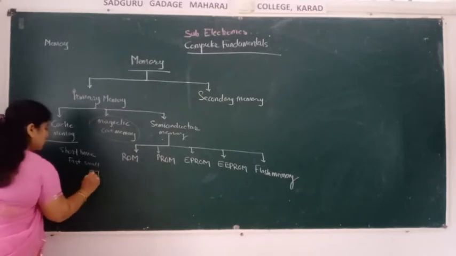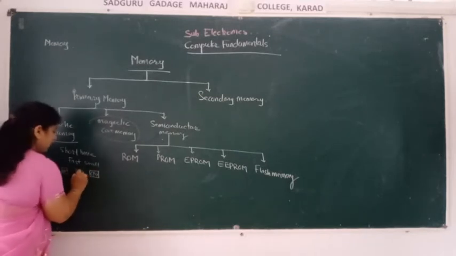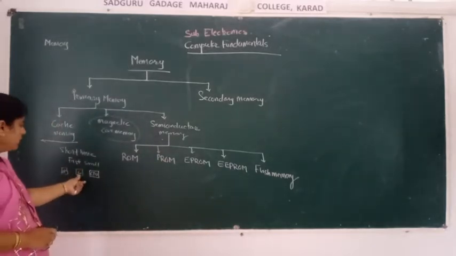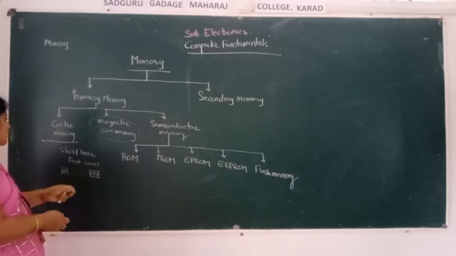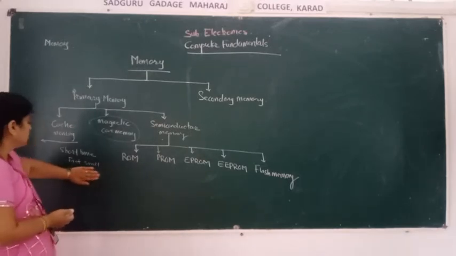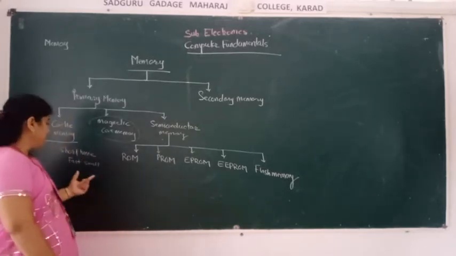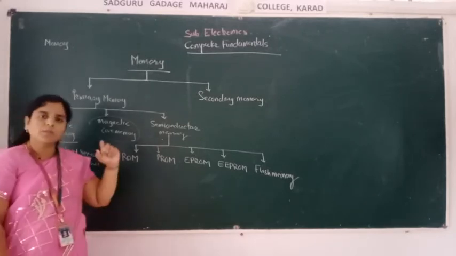Suppose this is your CPU and this is your memory, and between them is your cache. It saves the data for a very short while. Okay? It has a very small size.